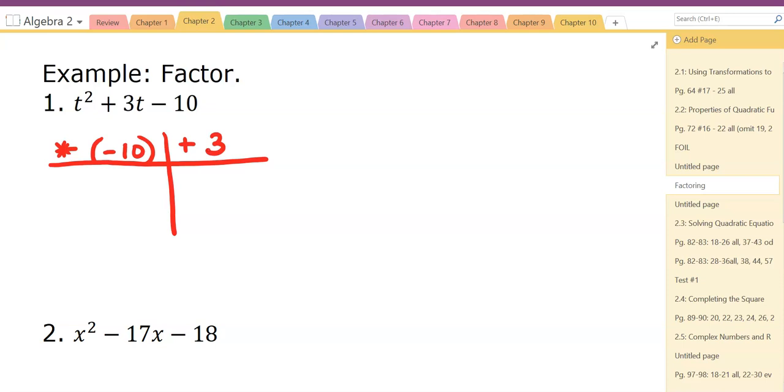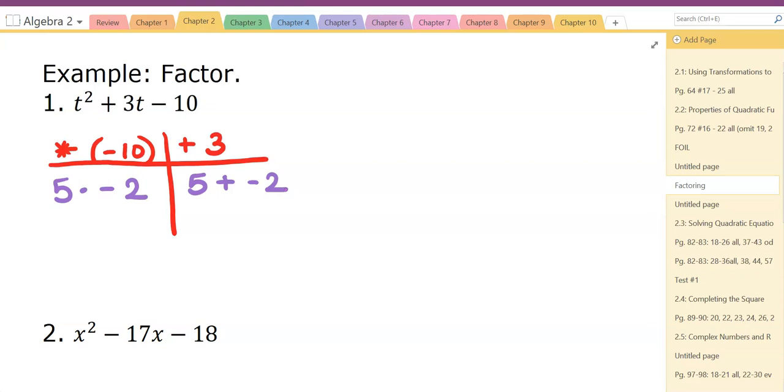If I think about 2 and 5, because somehow I'm thinking if I add them, I might get a 3. One of them is going to have to be negative, though, because I've got negative 10. So if I do 5 times negative 2, that would get me negative 10. And if I do 5 plus negative 2, that leaves me with a positive 3. So these must be my two numbers that work.